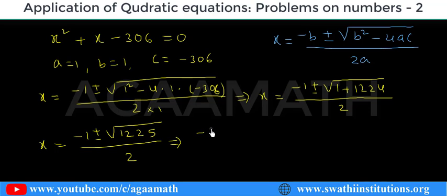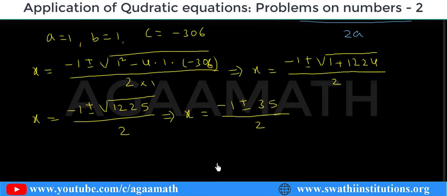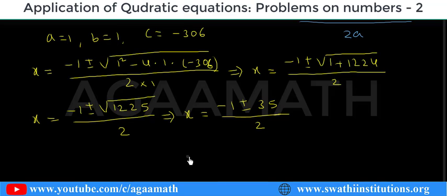So x equals minus 1 plus or minus 35 by 2. It means x equals minus 1 plus 35 by 2, or minus 1 minus 35 by 2.